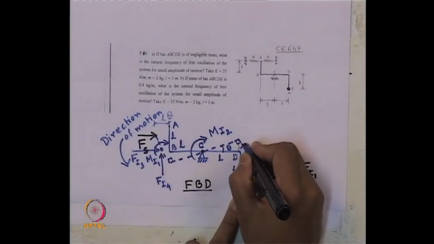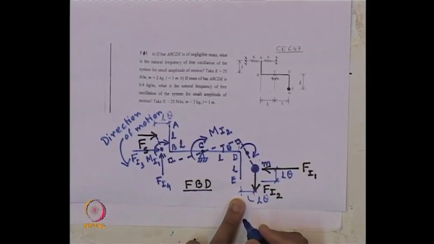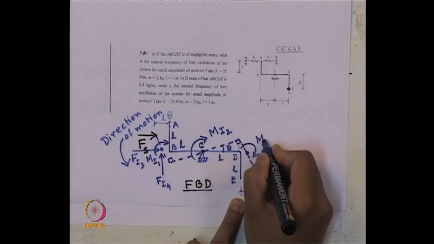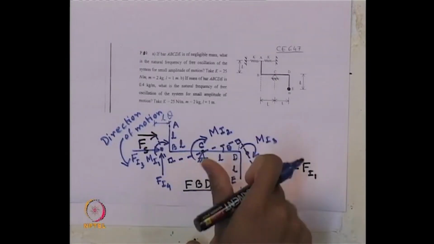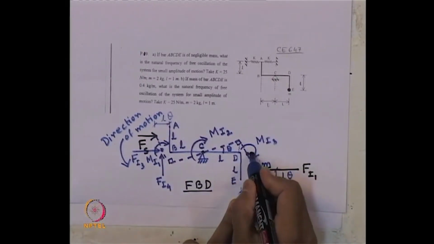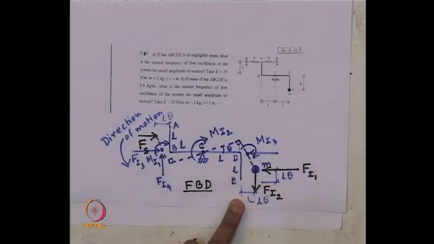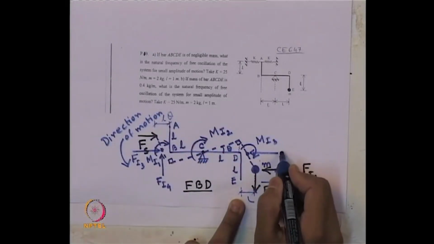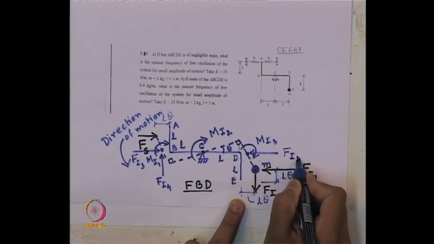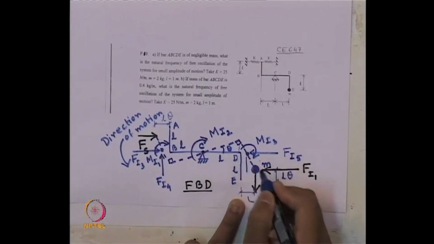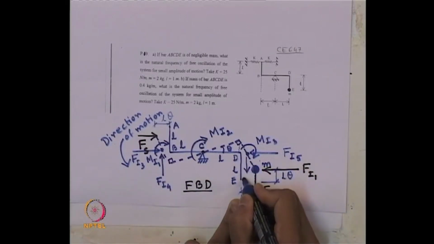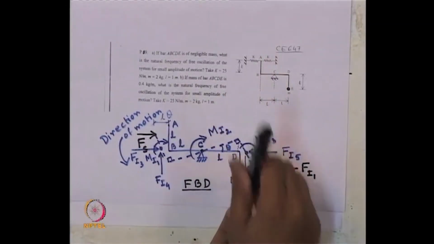So again we will have a torsional inertia force M I 3 in this direction, a horizontal inertia force in this direction F I 5, and a vertical inertia force in this direction F I 6. Each will bring it back to its original position.